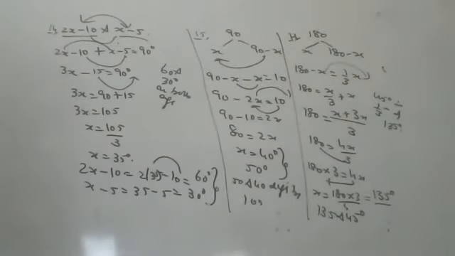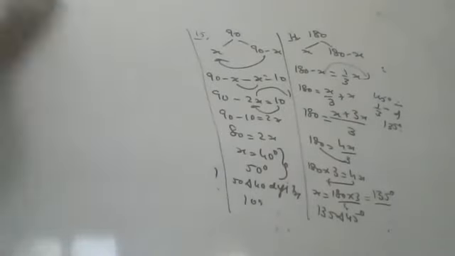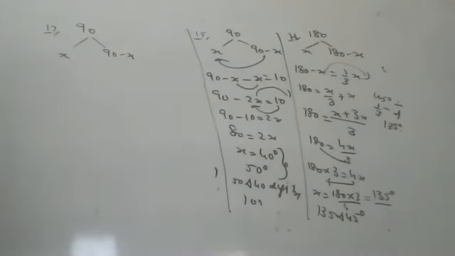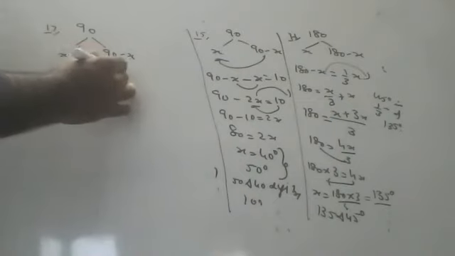Okay. Next one, children. Neeraj, 17th sum. An angle is 14 more than its complement. So 90 minus x is equal to 14 plus x.